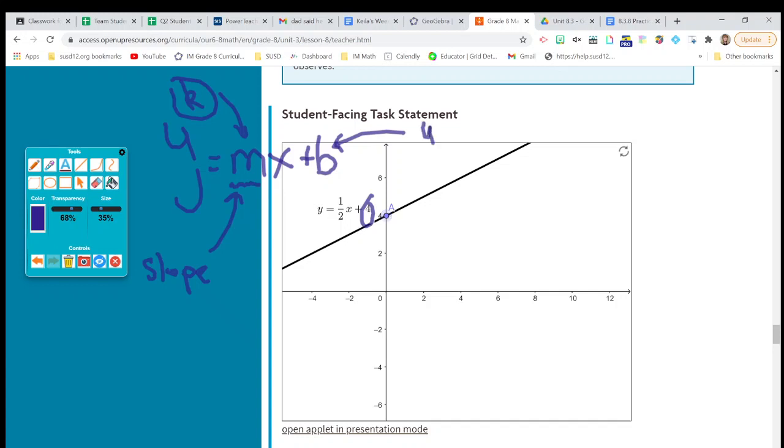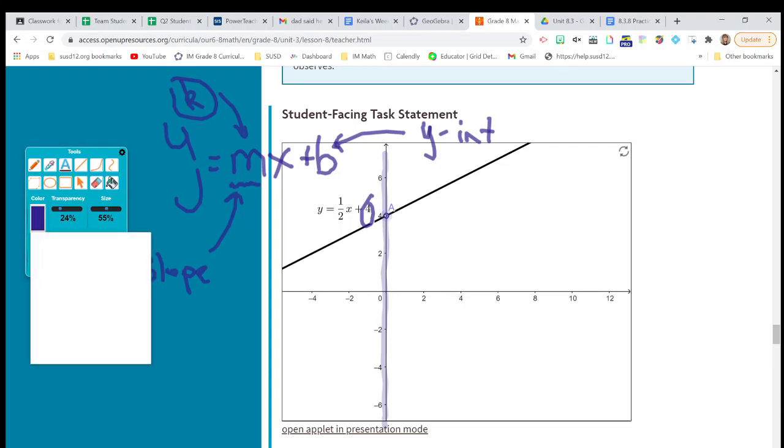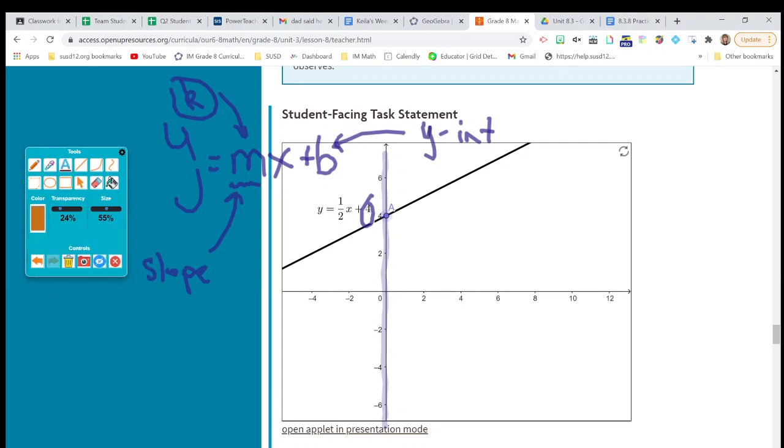I'll just call it y-intercept for short. And I'll draw that on the graph to make sure everybody knows what it is. Right here, the vertical axis, the y-axis. You can call it the vertical axis or the y-axis. And where your line crosses that axis, that is called the y-intercept.